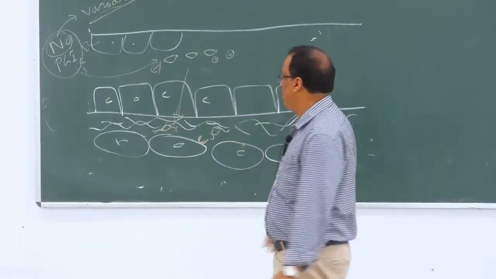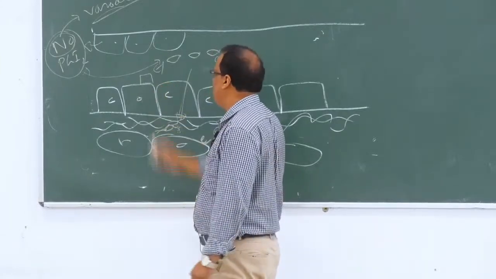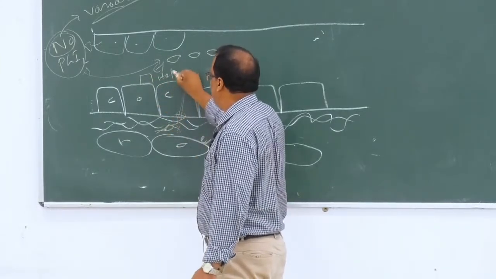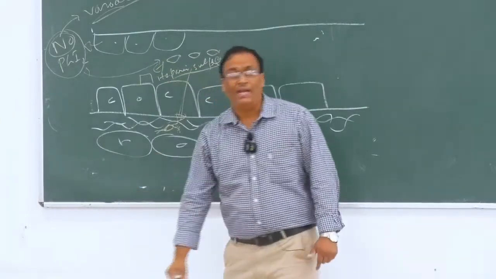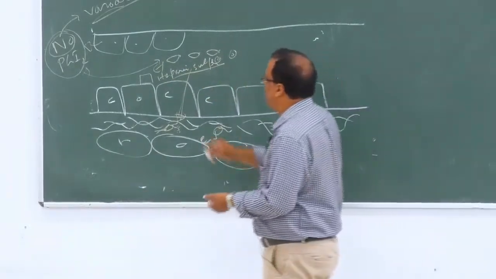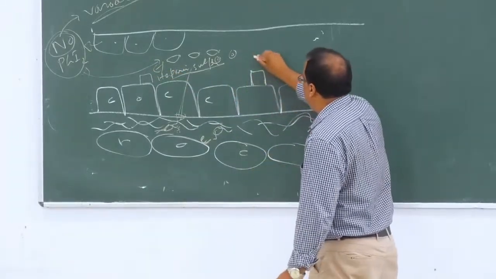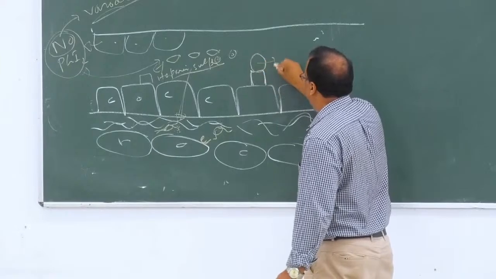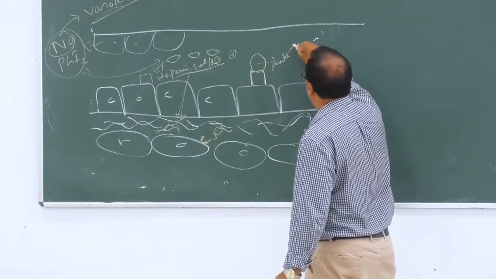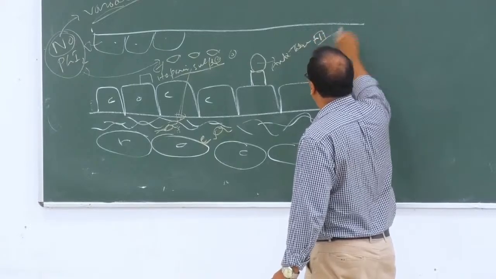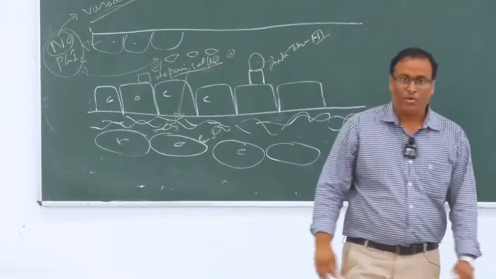Number two, he already told that on the surface there are some molecules or receptors, that is heparin sulfate. Heparin connected. Now, what does this antithrombin 3 do?